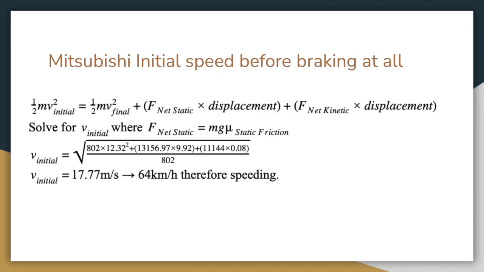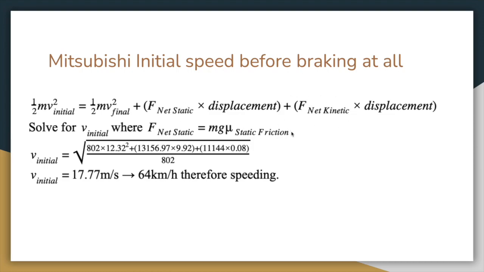Knowing this, for the Mitsubishi, we can actually solve for the initial speed just before the Mitsubishi driver braked. Using our idea of energy conservation, we know that the total energy initially is the same as the final energy. And the final energy involves the kinetic energy as well as the net static force and the net kinetic force.